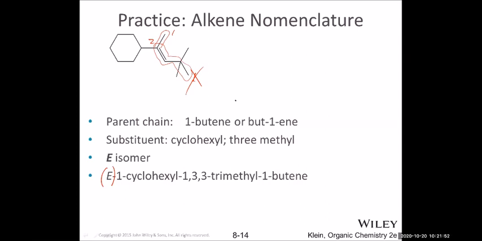I think a better, different way is we pick the circle, those, as the longest chain. So that'll be pentene. The parent should be pent-2-ene.